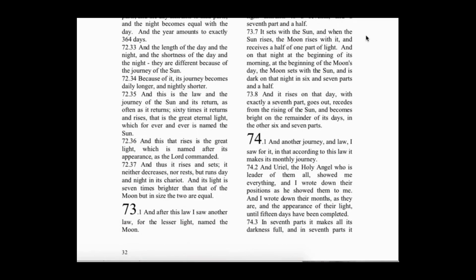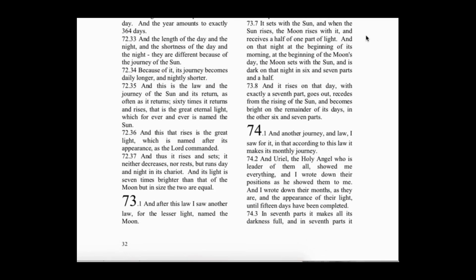Next point, it says with the sun, and when the sun rises, the moon rises with it, and receives a half of one part of light. And on that night, at the beginning of its morning, at the beginning of the moon's day, the moon sets with the sun and is dark on that night in 6 and 7 parts and a half.